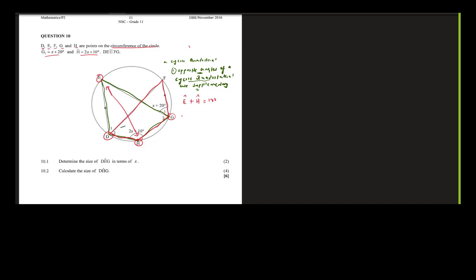Angle D is opposite to G. So it means that angle D plus angle G, when we add them, they must give us 180. Always, guys, in a cyclic quad, we say opposite angles are supplementary. When we add the opposite angles, we get 180.